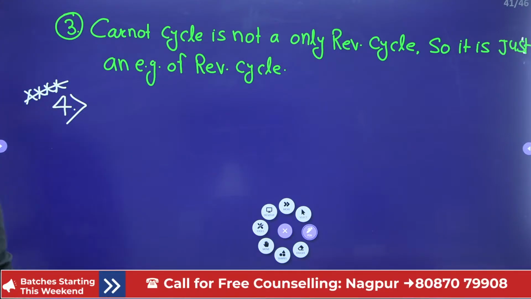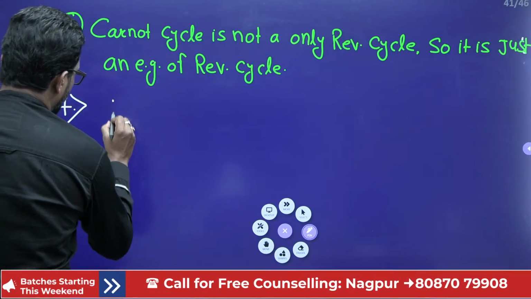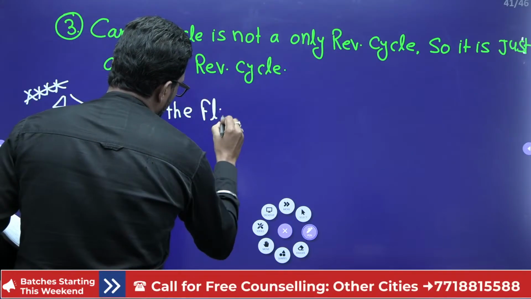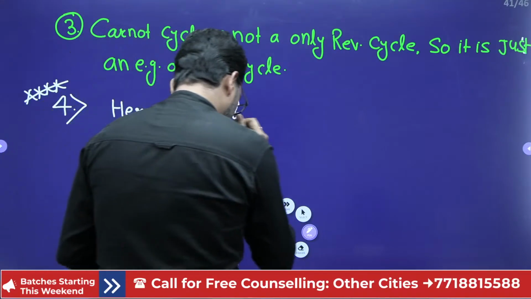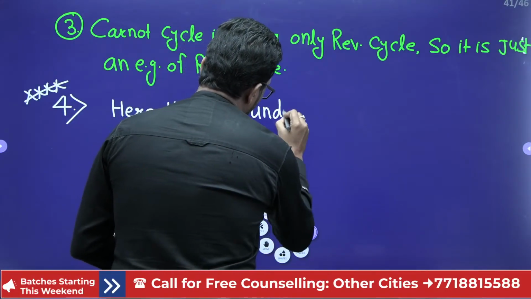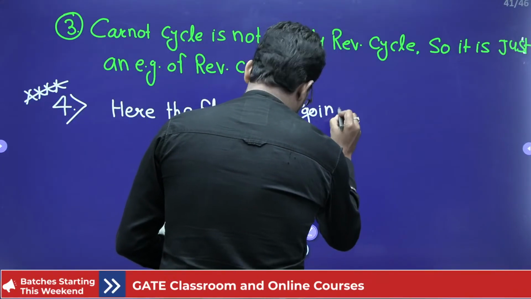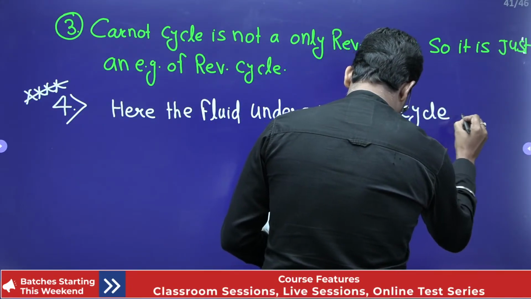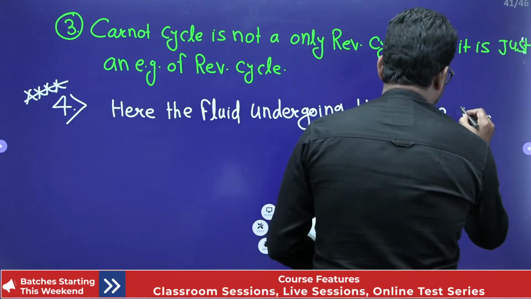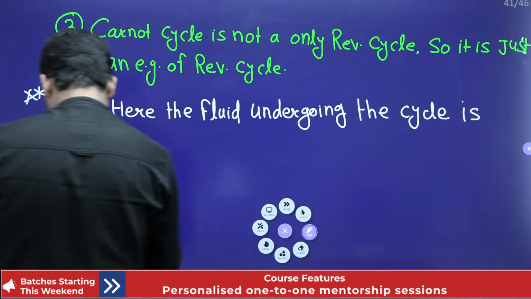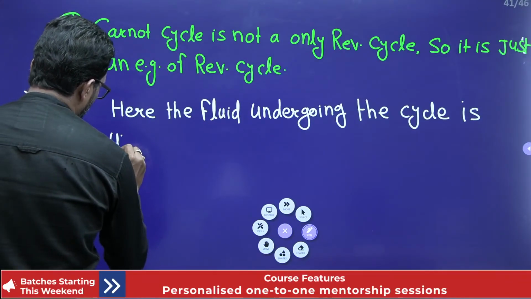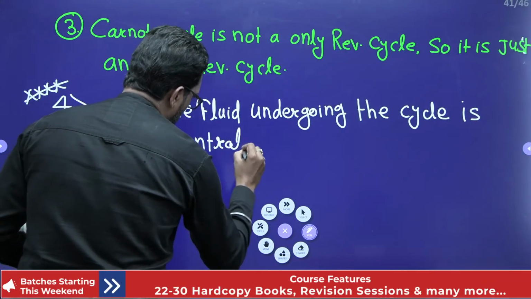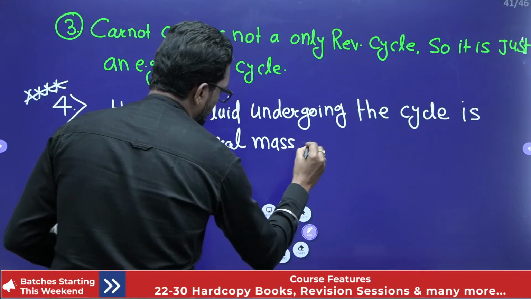Okay, so in the Carnot cycle, the fluid undergoing the cycle is under a control mass system.